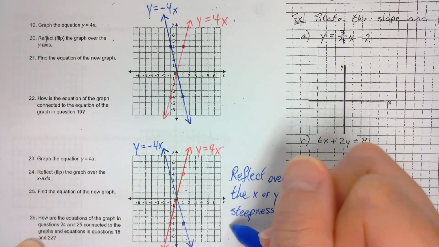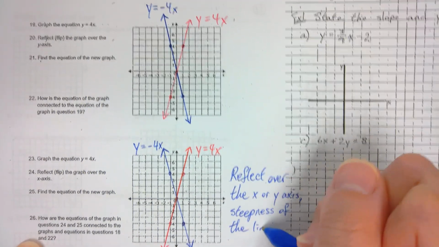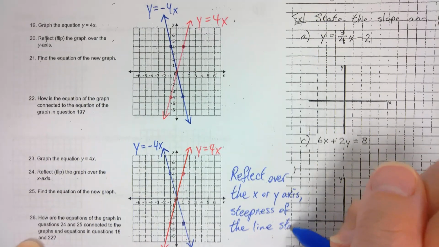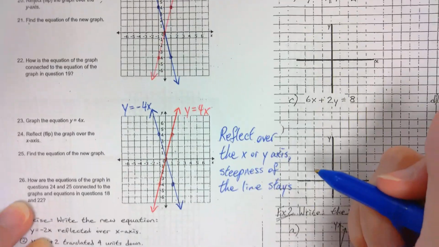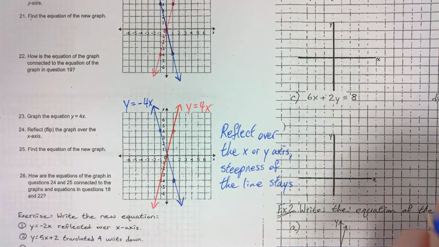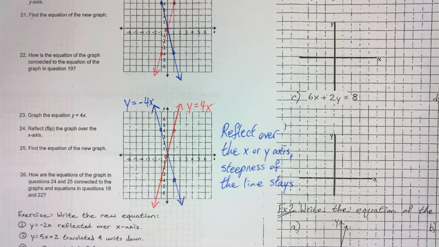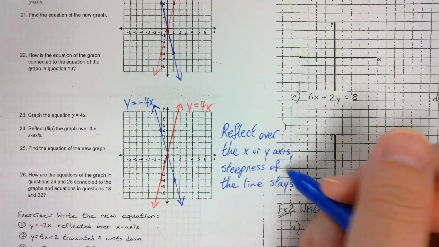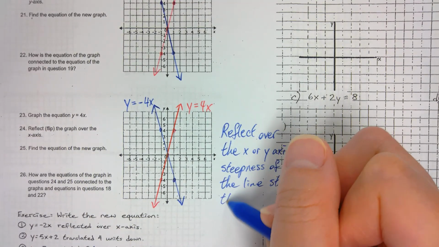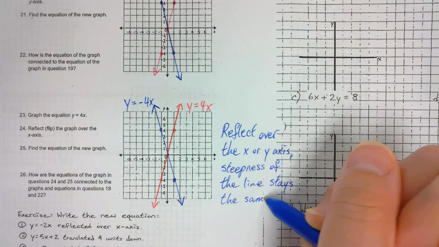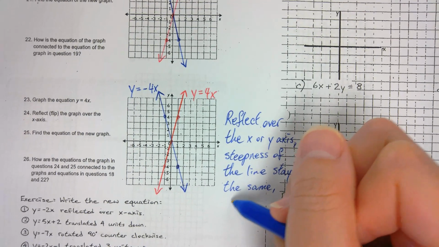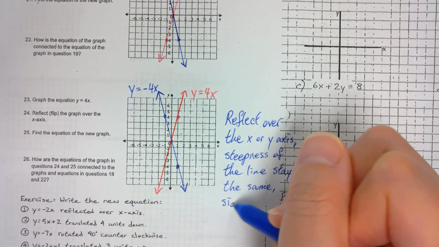A lot of people make the silly mistake of saying because it's negative, it's less steep. But remember, it says the same. Sign changes.